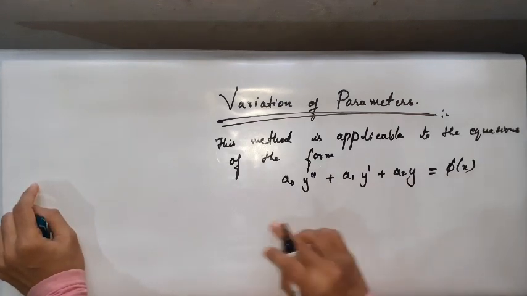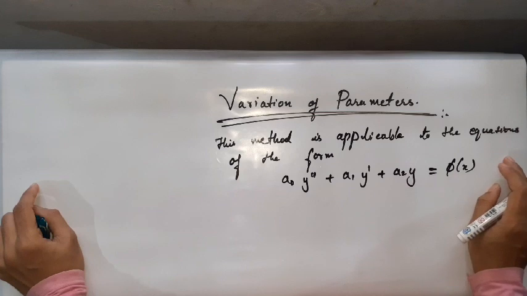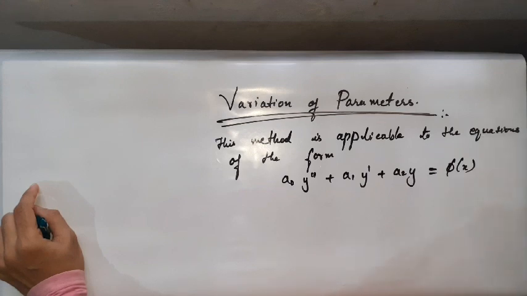If you are given any second order linear differential equation, you can solve it by some other method. The previous method was called the direct method, or the inverse differential operator method. You can solve any order of linear differential equation there.